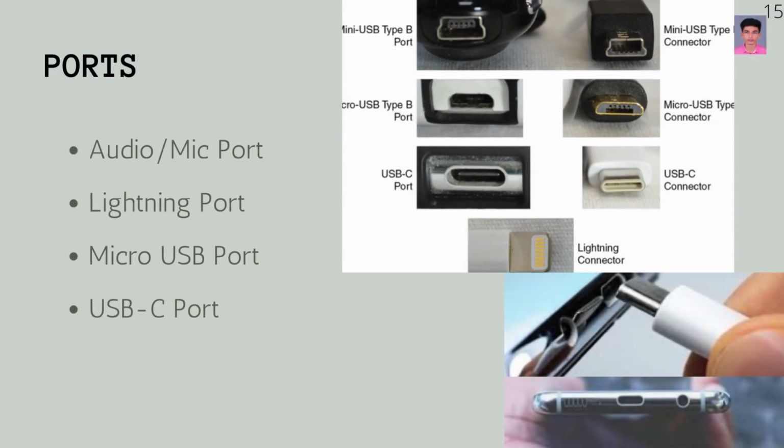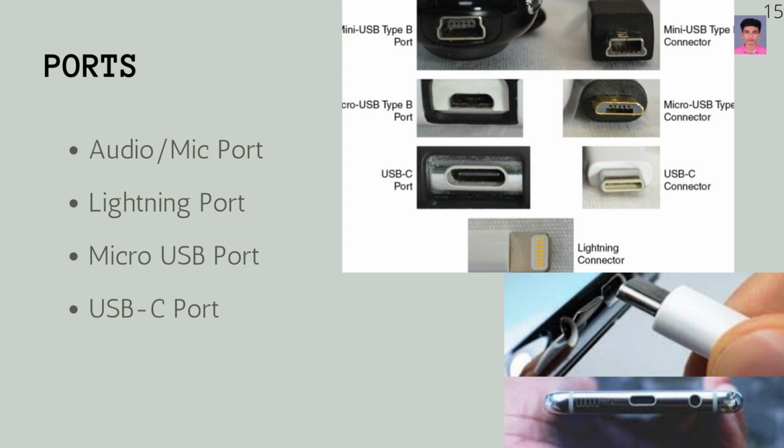Then come ports. The ports in a mobile handset are used to either charge or plug in any external devices. So there is the mic or audio port. There is the lightning port. The lightning port is mainly used by Apple. Then comes the micro USB port and USB-C port.